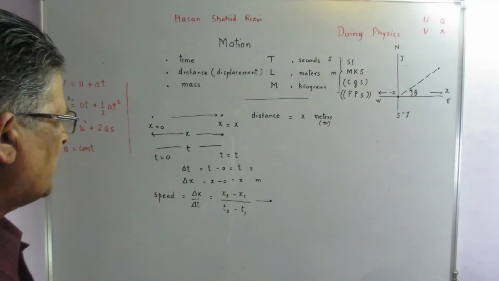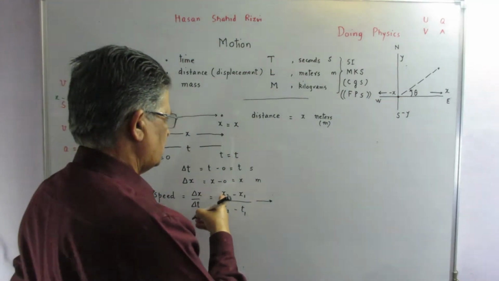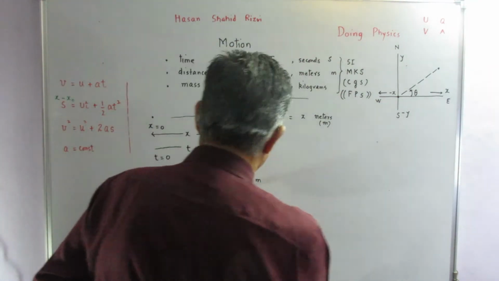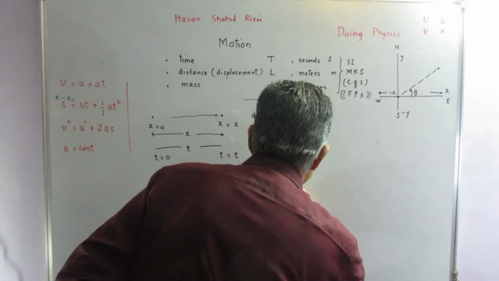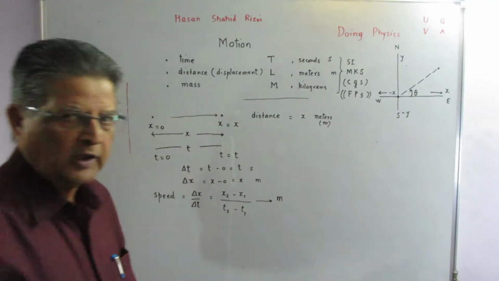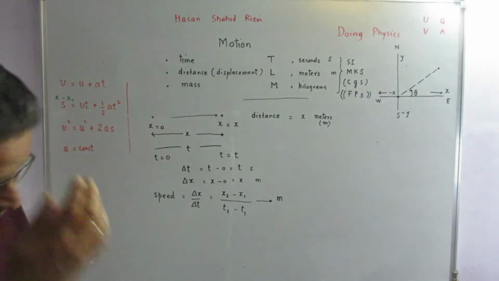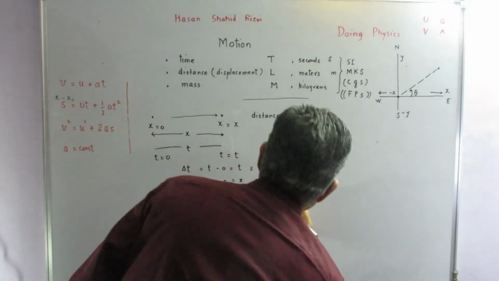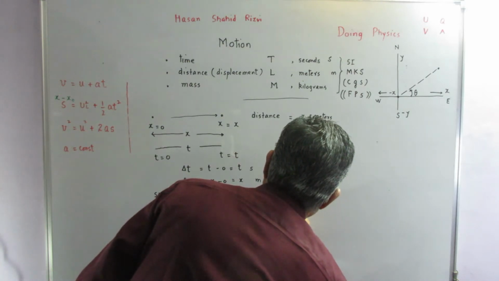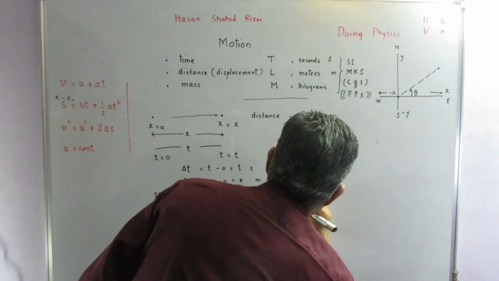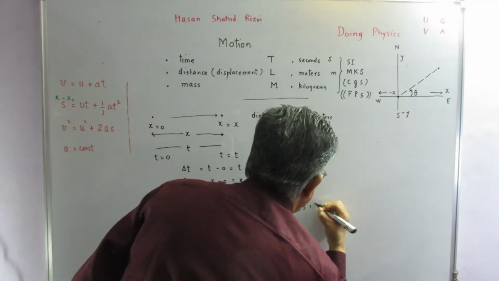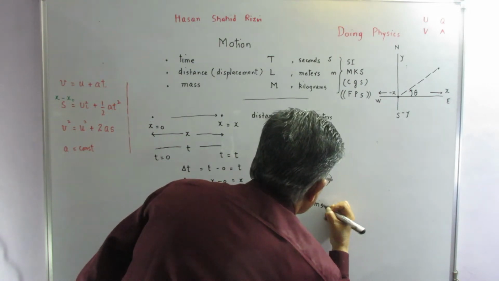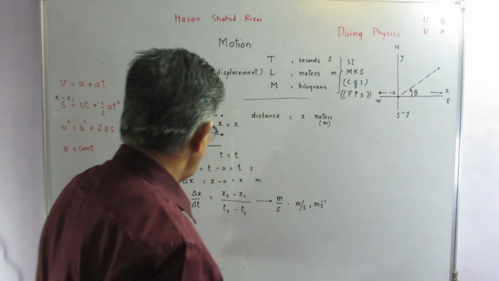that it must have a unit of, because x2 minus x1, both of them are in meters, so this is meter minus meter, of course it is meter, it's not 0. So meter divided by second, or meter per second, or meter second minus 1.